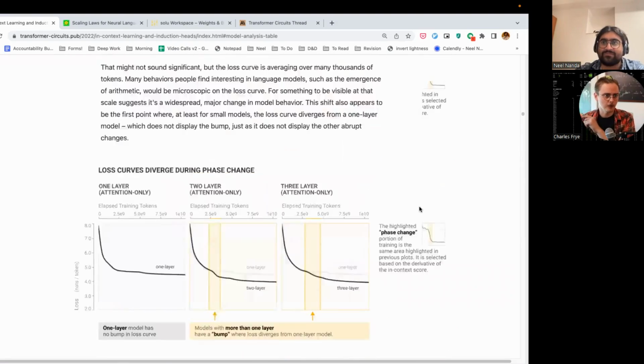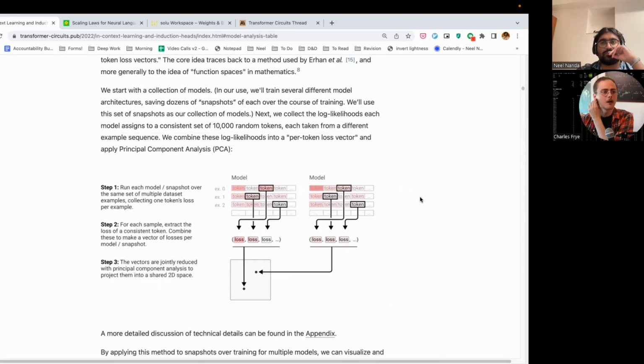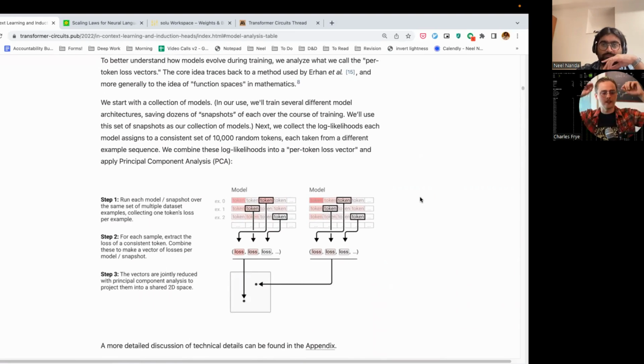Could I ask some questions about the per token loss analysis? Yeah, go for it. One thing that I found unintuitive about this was this random sampling component of it where you pick random tokens to look at. It seems to me like you have loss on token from one sample for all tokens. I get why you don't want to collapse it across the sequence dimension, because there's maybe interesting information in how things are changing throughout the sequence dimension.